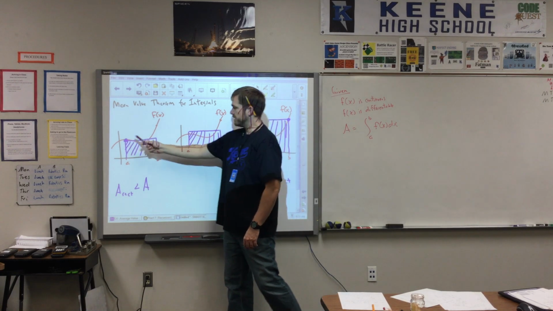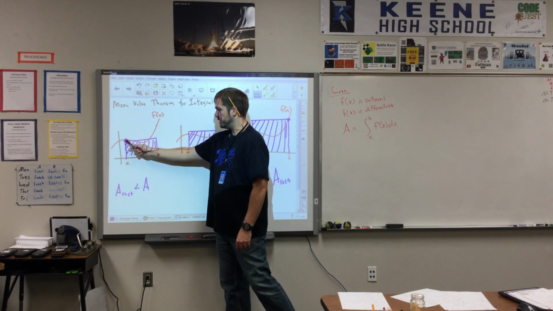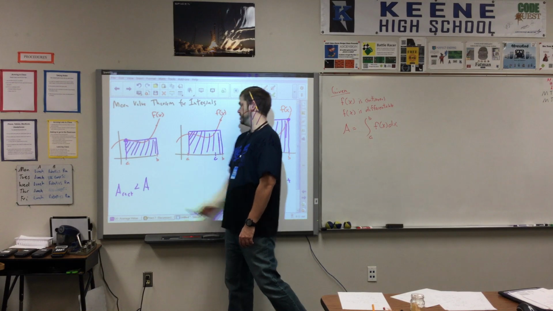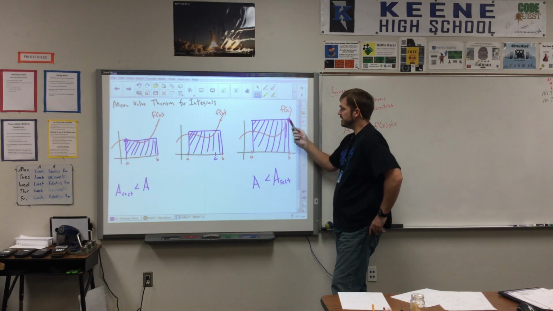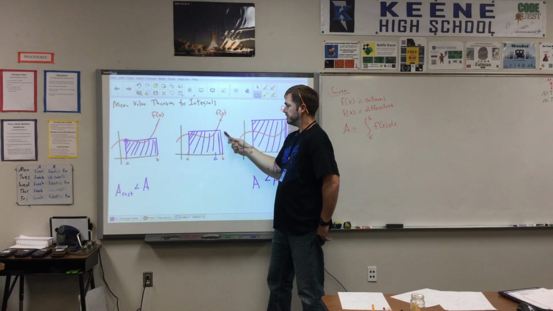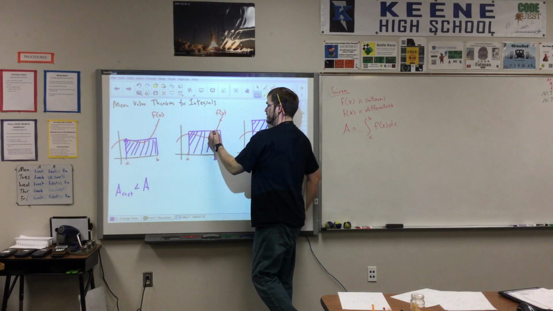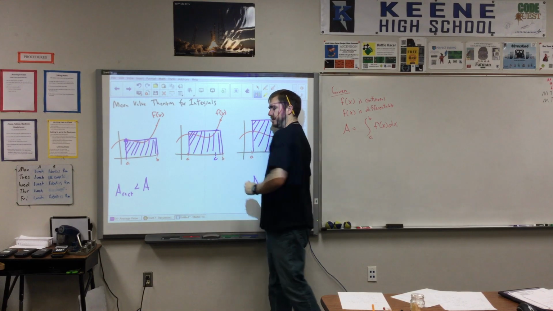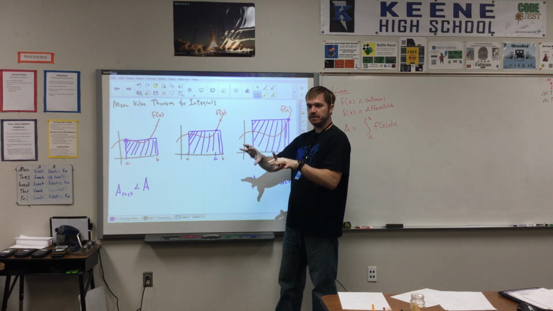So in other words, I pick my height over here on A, and it's an underestimate. I pick my endpoint over on B, and it's an overestimate. Well, then surely there must be some point in between A and B that I can pick to go up to my height, and I'll get exactly the right number.